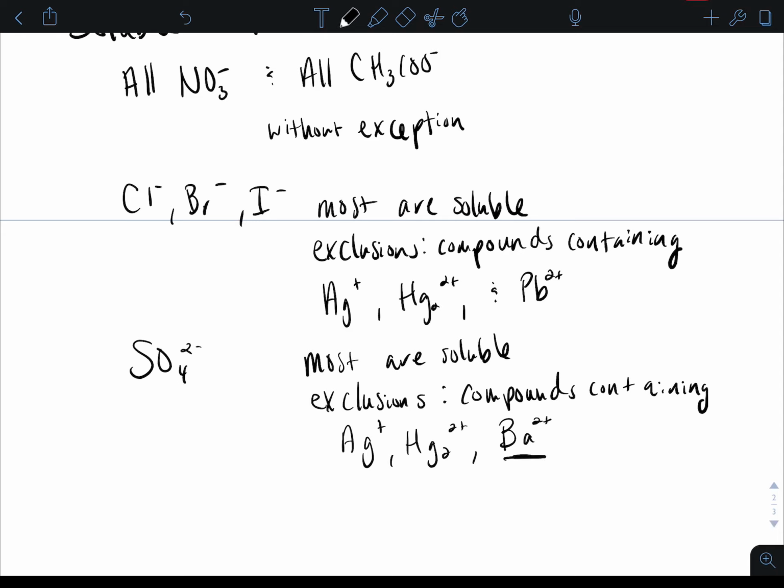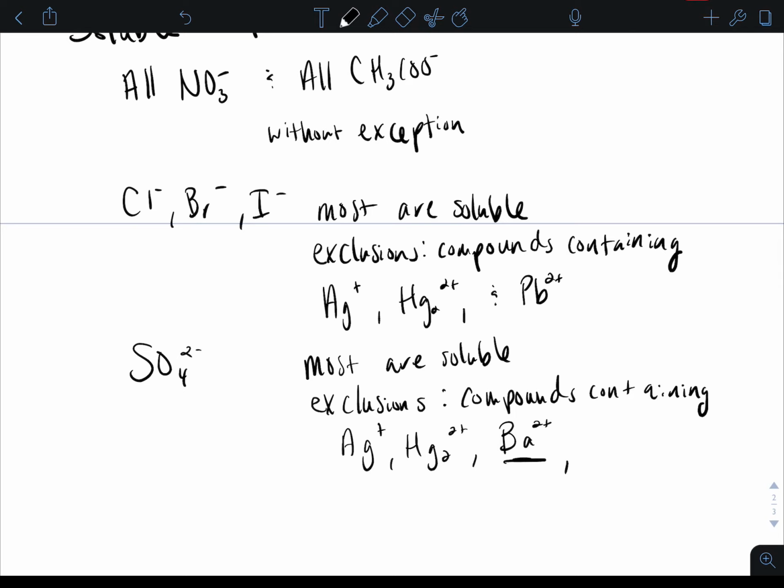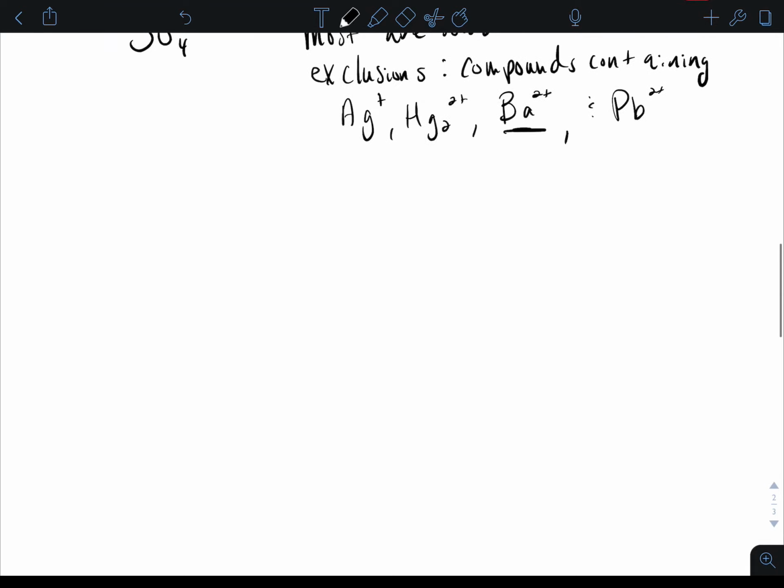So this is an additional one, the barium, from the chlorine, bromine, and iodine. Like so.